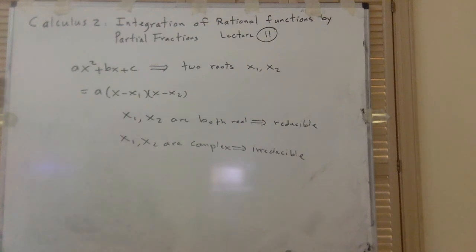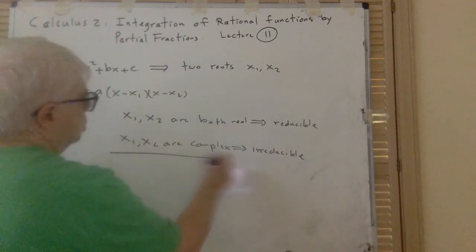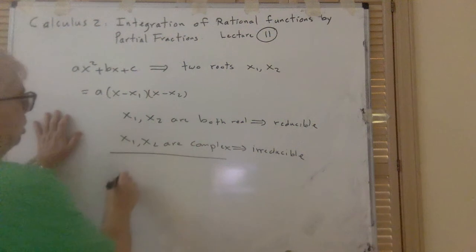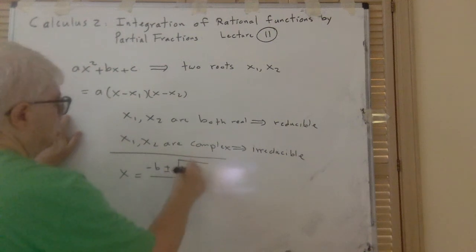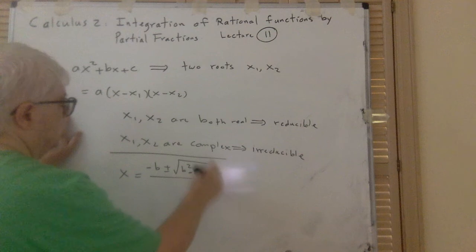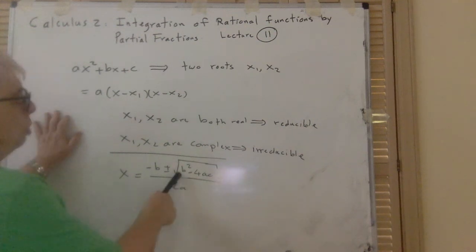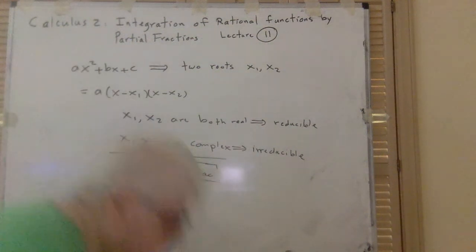But when do we have complex roots? Let's look at the quadratic formula. The quadratic formula is x equals minus b plus or minus the square root of b squared minus 4ac, divided by 2a, right? It becomes complex if this b squared minus 4ac is negative.